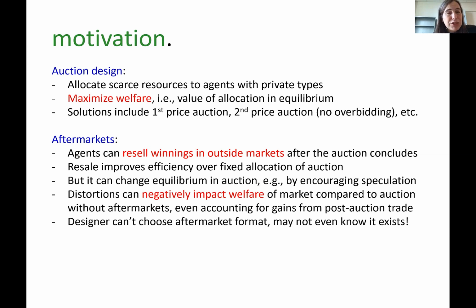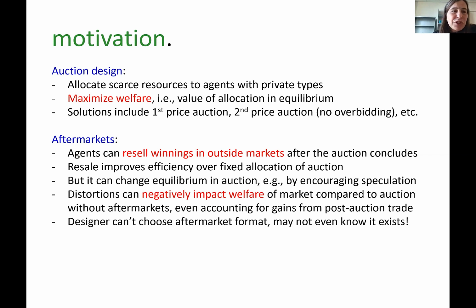And so what can we do to make this auction design robust to the potential existence of an aftermarket? And so this is the sort of general theoretical question that I'm interested in.